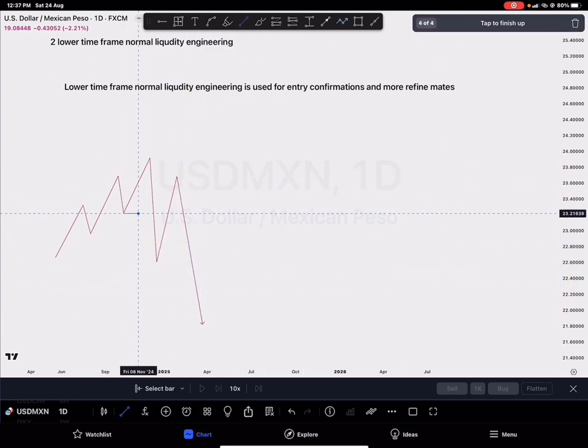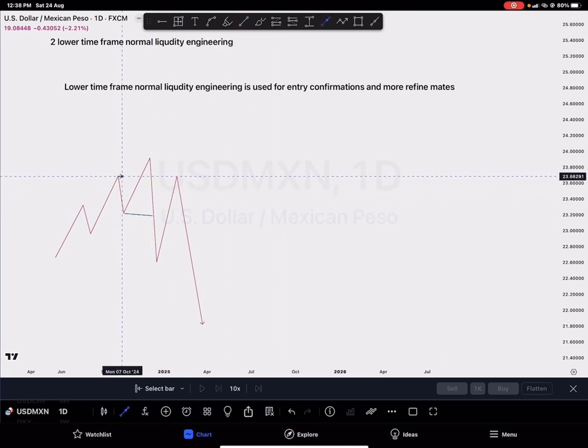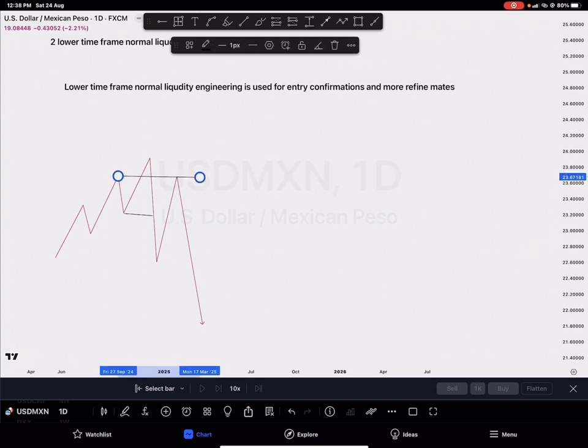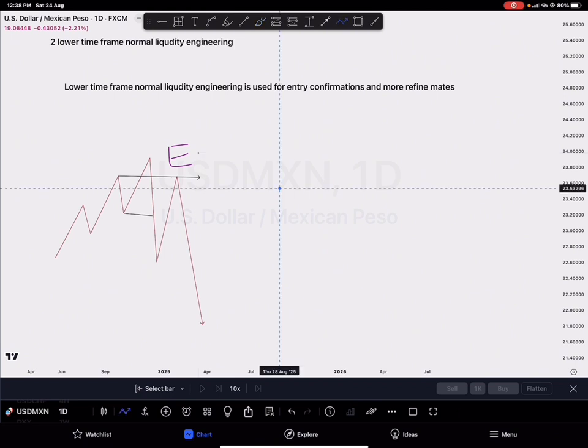Price performs a break, and this is our market structure here, and we take entry based on this level. This is where the entry happens from, and this is for the bullish scenario.